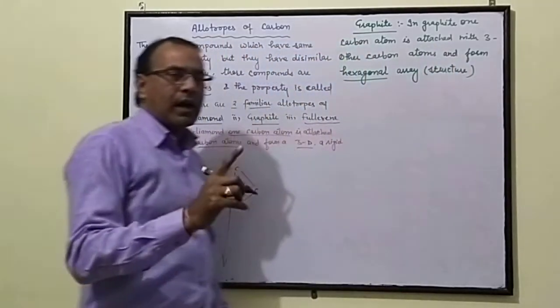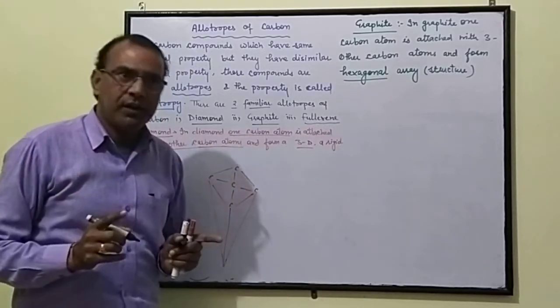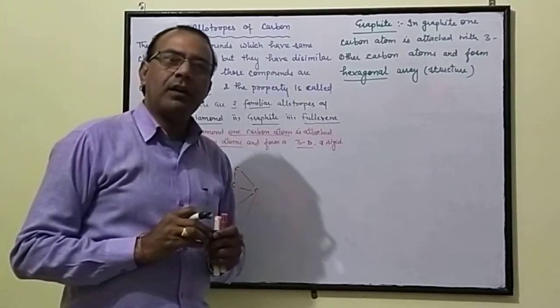In graphite, 1 carbon is attached with 3 other carbons, by single bonds, and the 4th is a double bond.